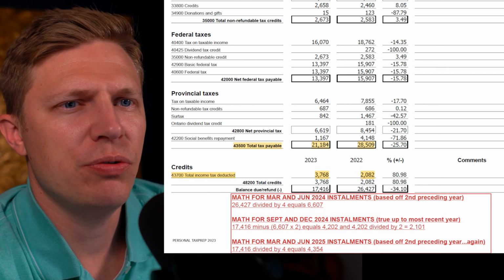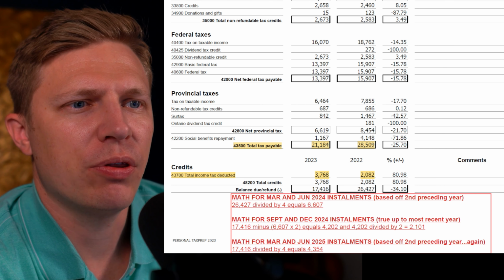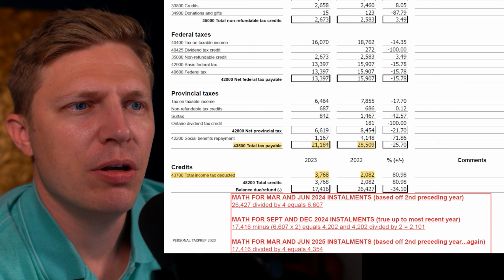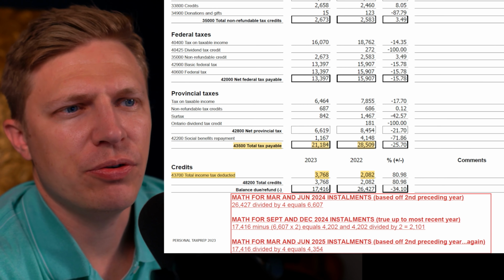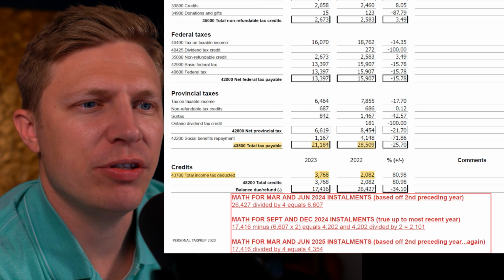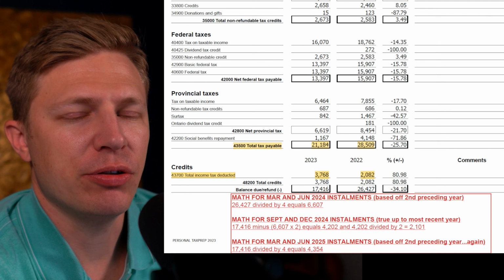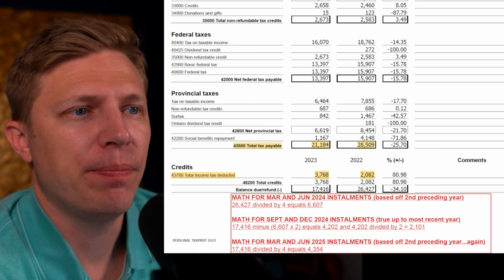So we're going to tune in to line 43500 and 43700. 43500 is the total tax that you have to pay. 43700 is the tax that you already paid throughout the year, so the tax that was withheld at source.